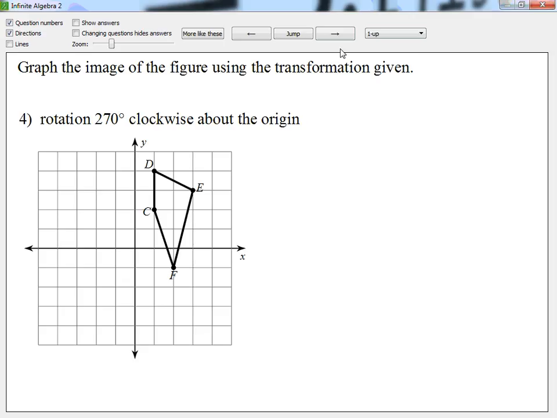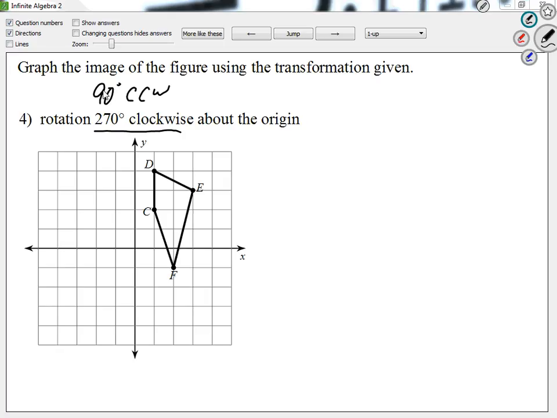Alright, rotation. I know I gave you guys the rules for 90 clockwise, 180, and 90 counterclockwise, but this one says 270 clockwise. Right? Well, 270 clockwise, wouldn't that be the same thing as 90 counterclockwise?